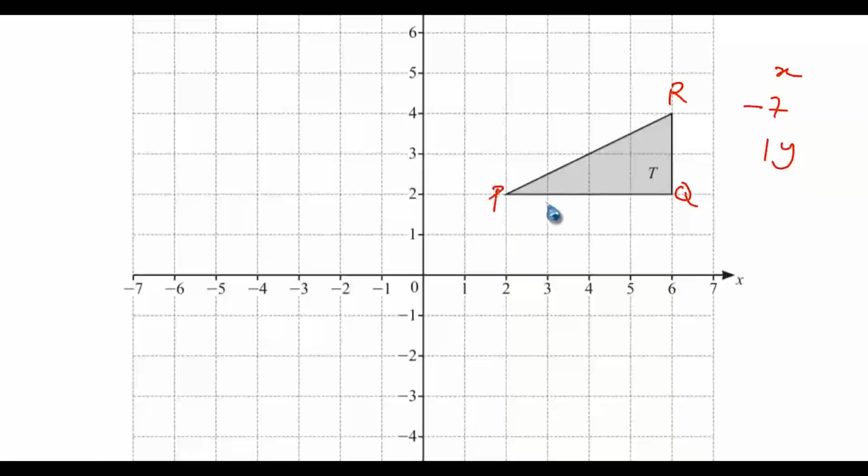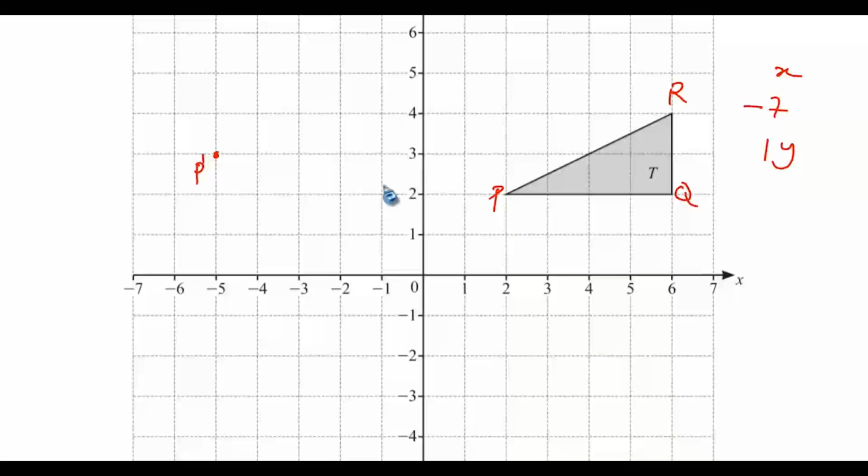So let's start from point P. 1, 2, 3, 4, 5, 6, 7. Then let's go up once, 1. So point P prime will be here. So the same thing for point Q. 1, 2, 3, 4, 5, 6, and 7.